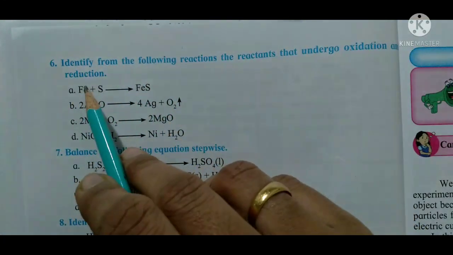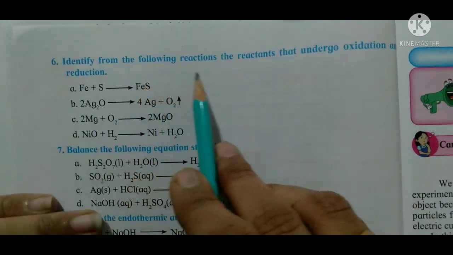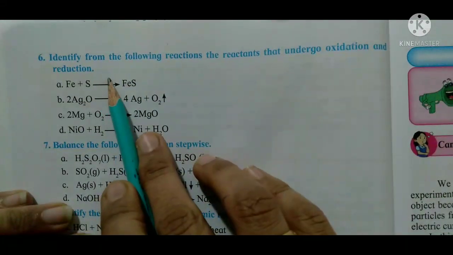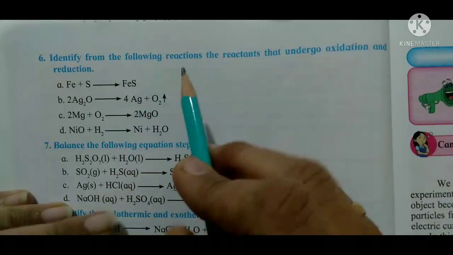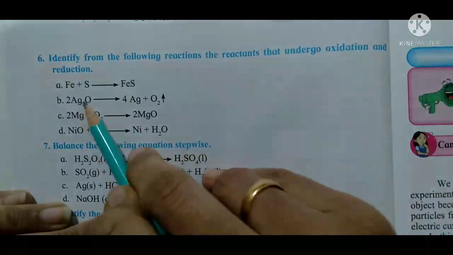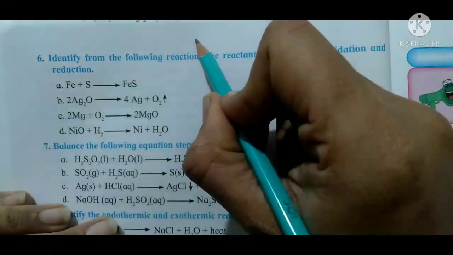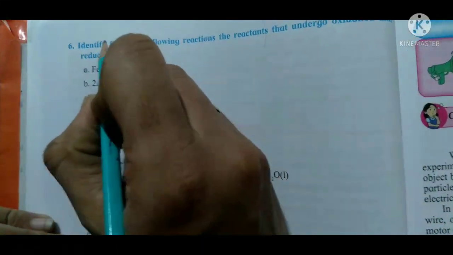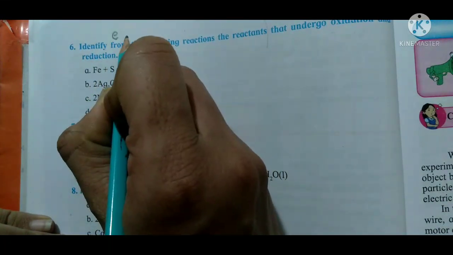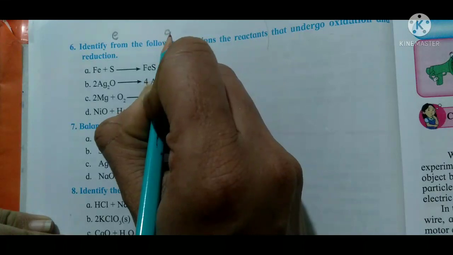This is question number 6. Identify from the following reactions the reactant that undergoes oxidation and reduction. So already I have explained 3 different steps to identify oxidation and reduction. So what is that? Loss of electrons, gain of electrons.